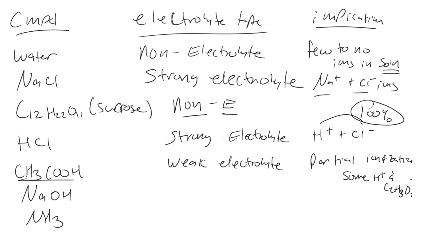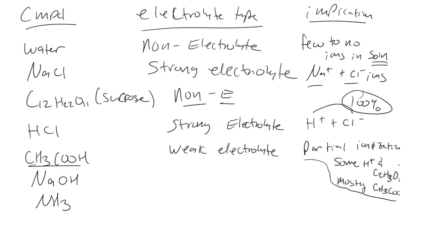Then we're also mostly still intact with the acetic acid molecule. So mostly undissociated acetic acid would be the implication for acetic acid. So some of it's dissociating. We'll write some reactions for this later. We get some dissociation, but mostly we just have the intact acid that hadn't dissociated, but it's completely mixed in water. So it's still dissolved in water. It's not sitting at the bottom of the flask in the form of a solid or anything like that.